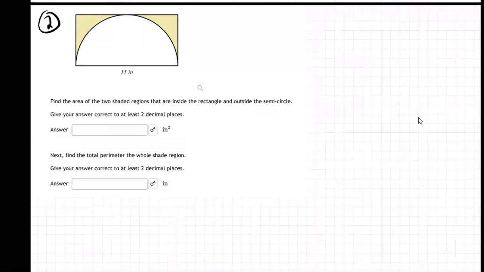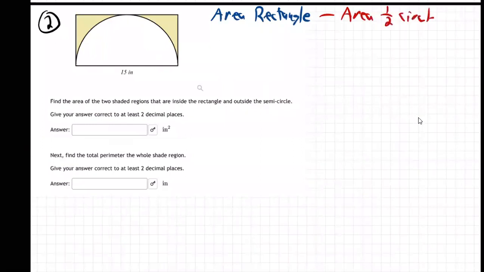Well, we're going to do the subtraction thing again, aren't we? We're going to take the area of the rectangle. This one's a rectangle, it's not a square, minus the area of a half a circle, right? To get the shaded region, we have to subtract out the half a circle.